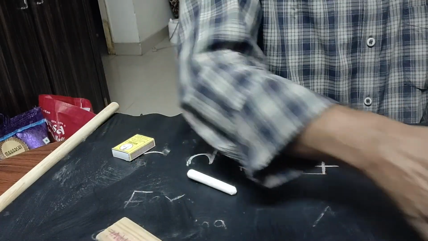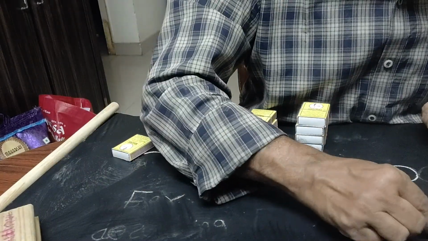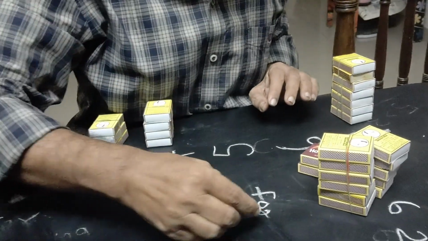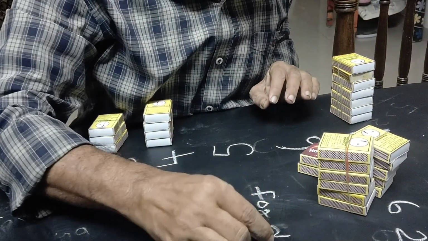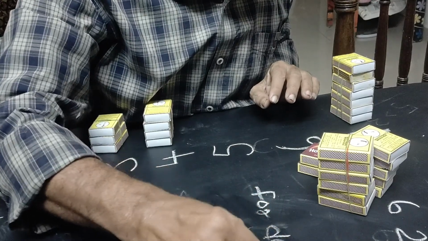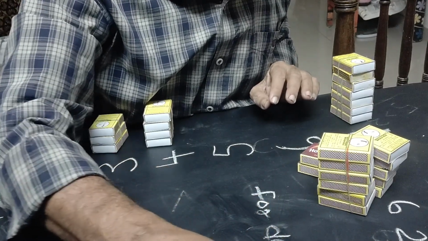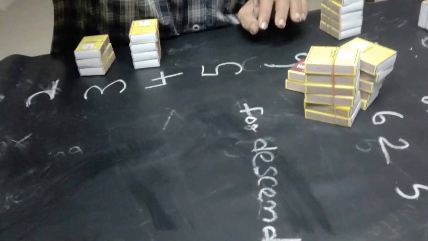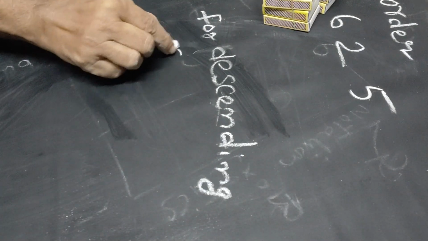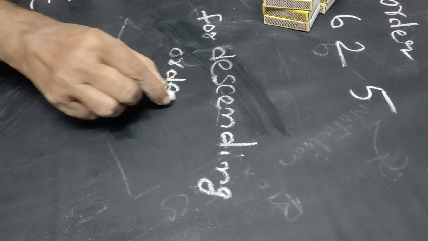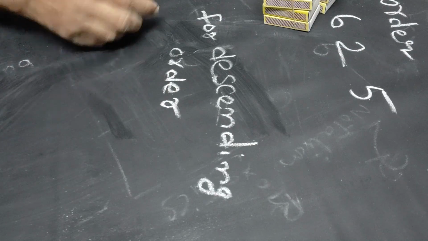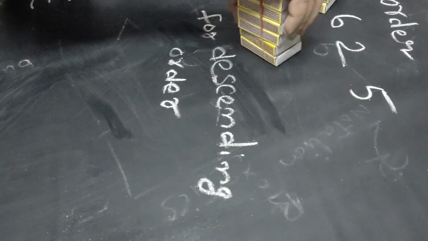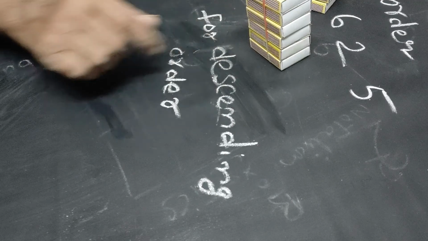Okay, now for descending order, you arrange these boxes height wise from top to bottom.